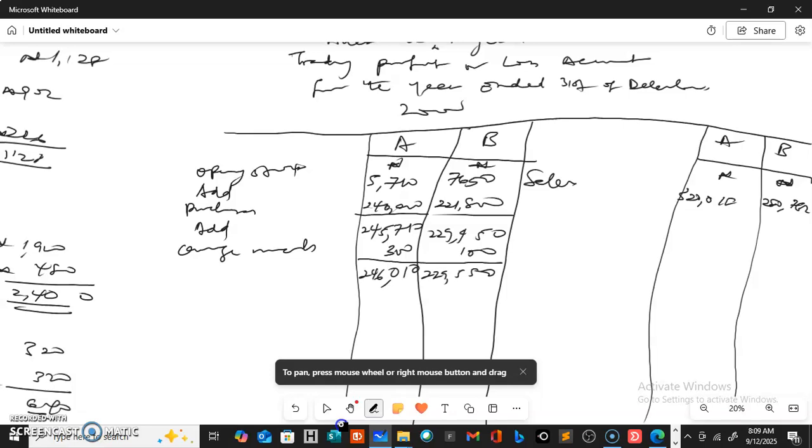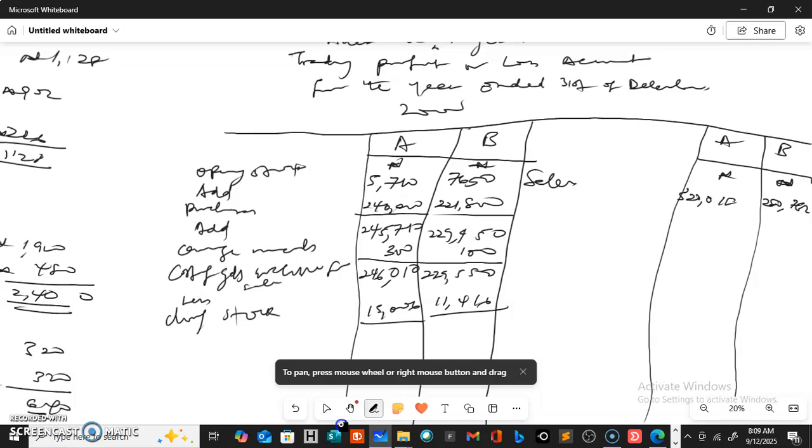So we have less closing stock. This is going to give us our cost of goods available for sale. So we're going to less closing stock from the question. So closing stock, we have 15,006 and 11,416.